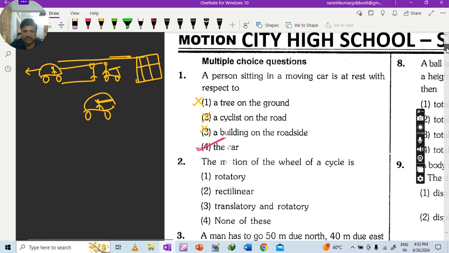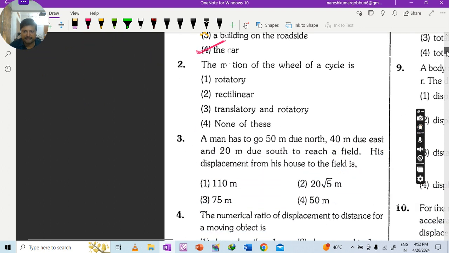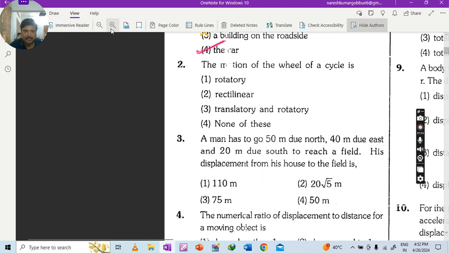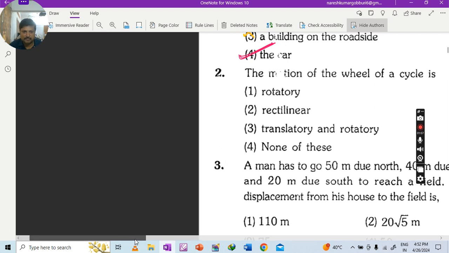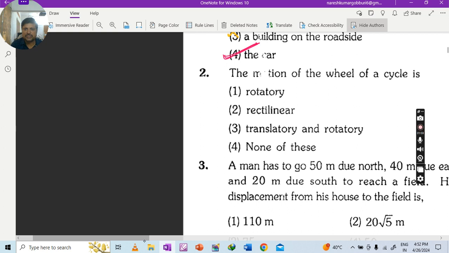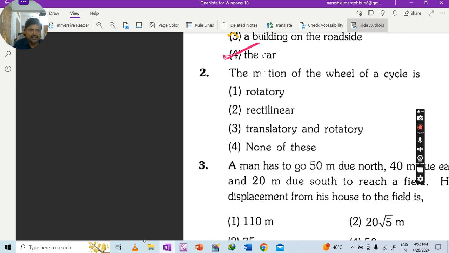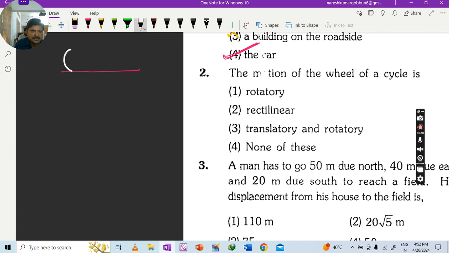Next, the second question. The motion of a wheel of a cycle is: rotatory, rectilinear, translatory, or translatory and rotatory. See here, my dear, it is a wheel. Here the wheel is moving along a straight line.